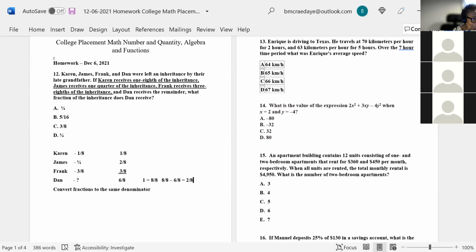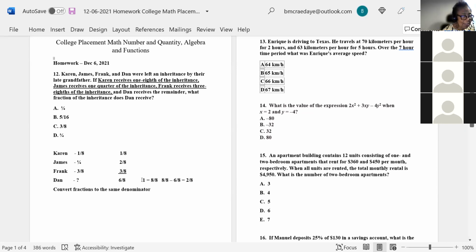Now, your choices are 1/4, 5/16, 3/8, and 3/4. So you don't have a 2/8, but 2/8 is equal to what, Alva? 2/8, not 8/2. 1/4. We did it with James. James had 1/4, and that was 2/8.